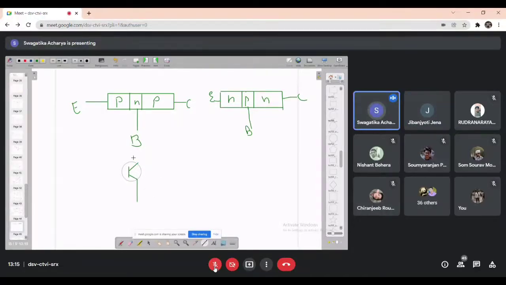So this will be your collector terminal, this will be emitter terminal, this will be base terminal.